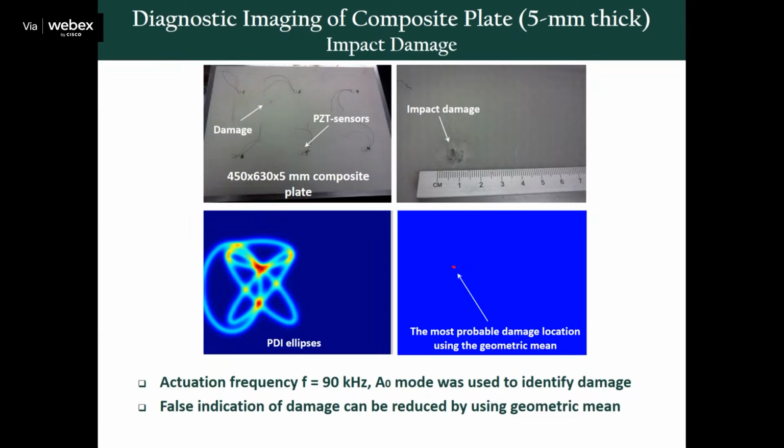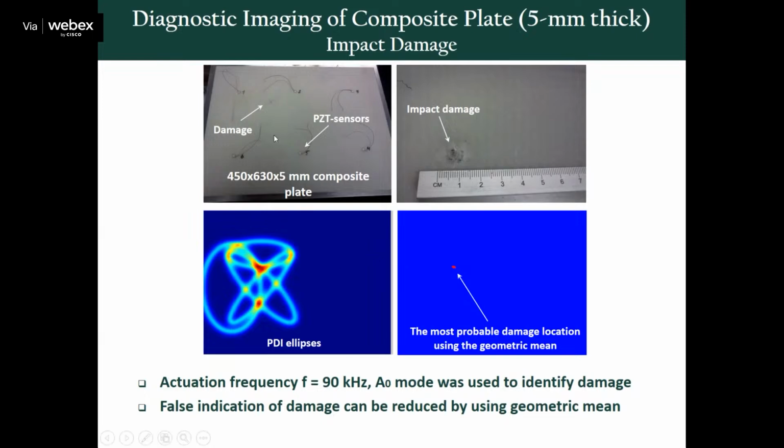You can use the time of flight information to infer the possible locations by adding up all the possible locations of the defects, so you get a PDI ellipse. The data processing tells you that by adding all those possible locations together, you will have some convergence in the spatial domain.